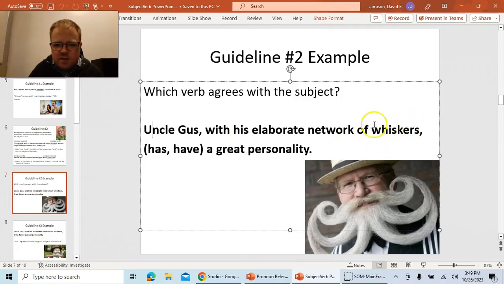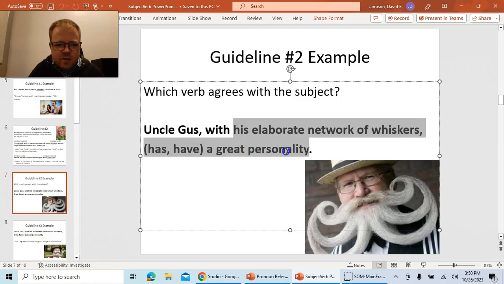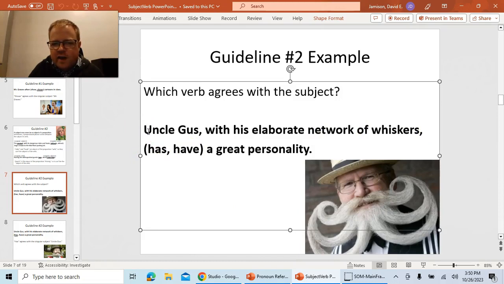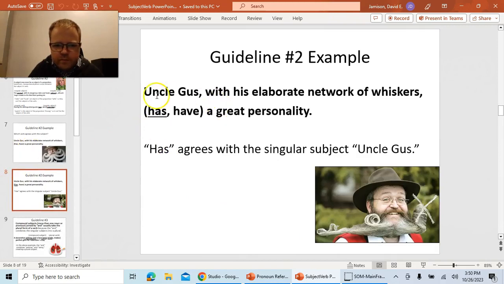So if we said that his whiskers had a great personality, we would say his elaborate network of whiskers have a great personality. But if we say Uncle Gus has a great personality, we would say has here. Uncle Gus is the subject, and he has a great personality.